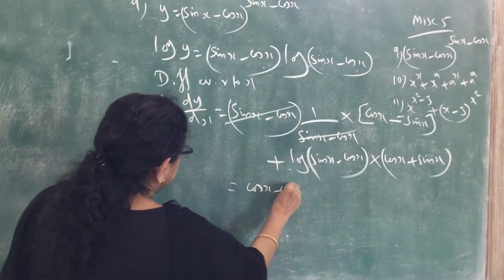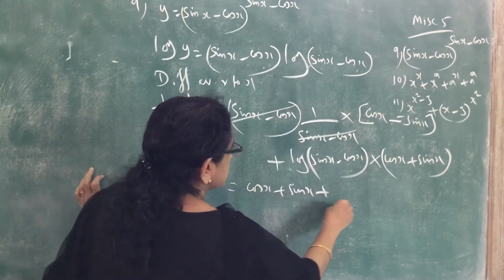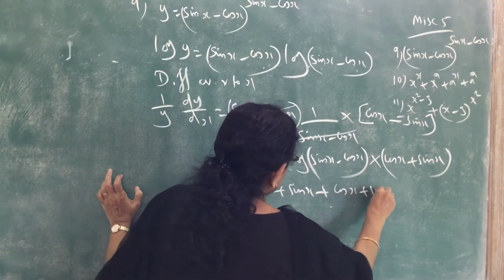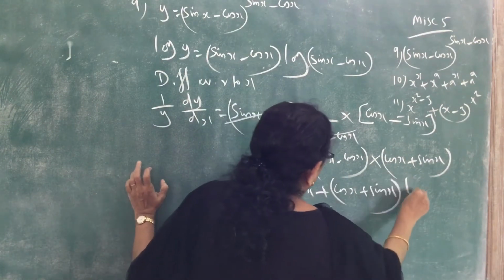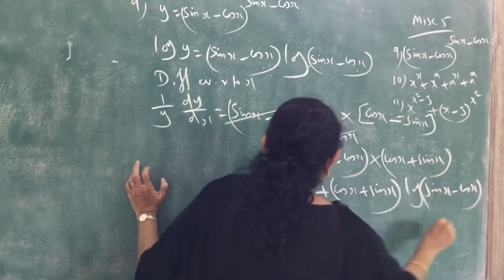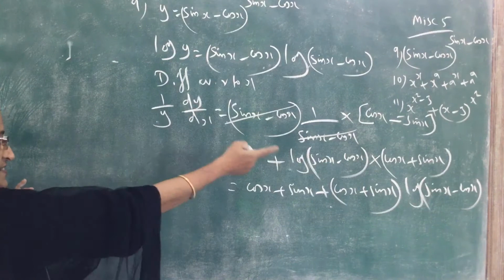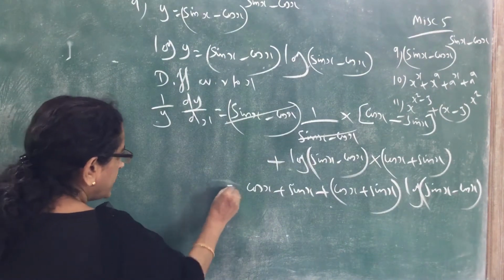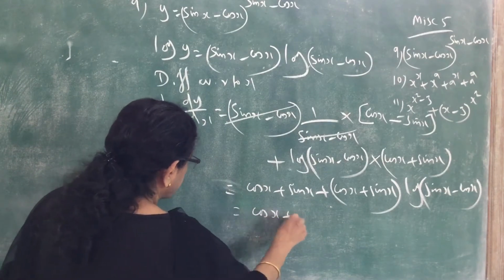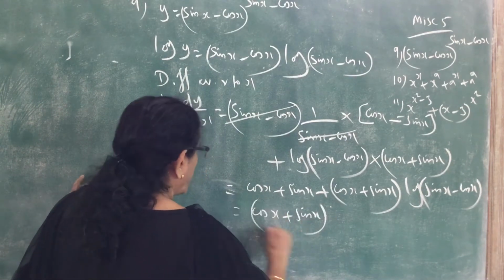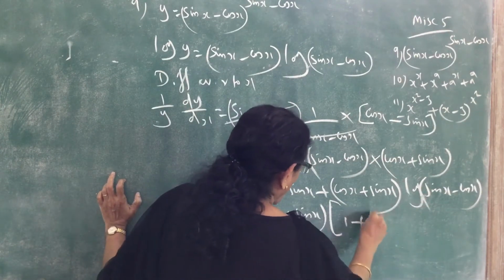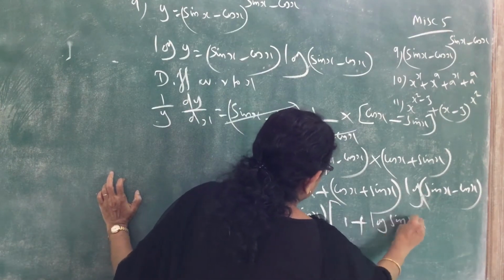Cos x plus sin x, plus cos x plus sin x into logarithm of sin x minus cos x. So now, cos x plus sin x is a common factor. So we can write cos x plus sin x into 1 plus log of sin x minus cos x.